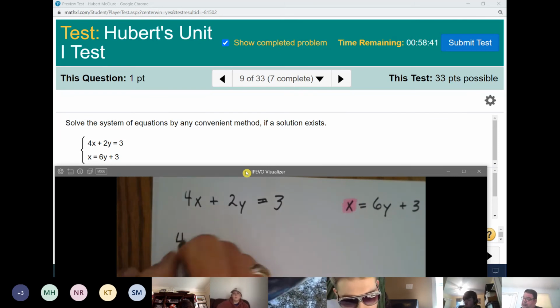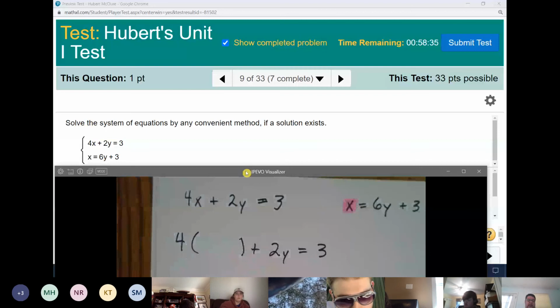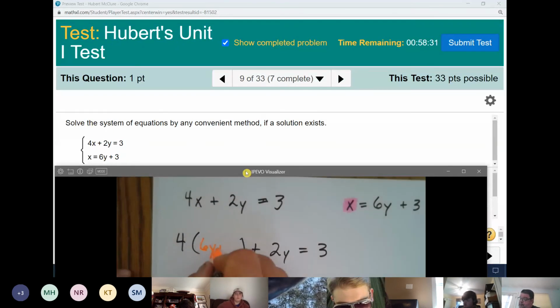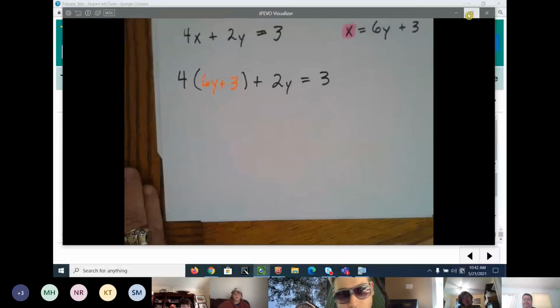So 4, big set of parentheses, plus 2y is equal to 3. Plug in that 6y plus 3. And now we got the problem going.